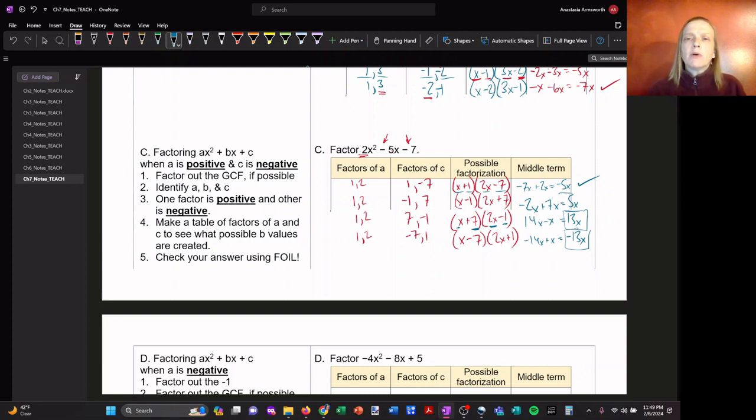If you put the negative number on the smaller number, then b is definitely positive. It doesn't always work that way, but it did in this example here. So just writing down our final answer, x plus 1, the quantity, times the quantity 2x minus 7 is our correct factorization for this problem.